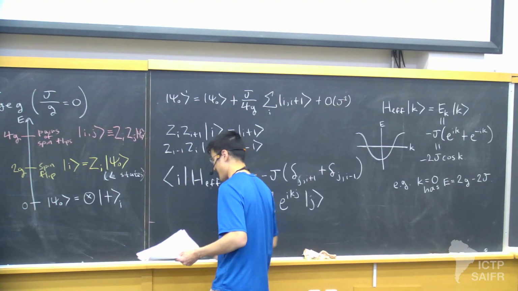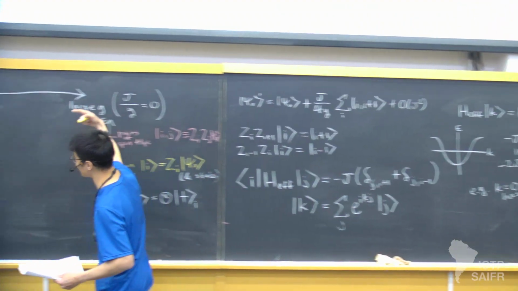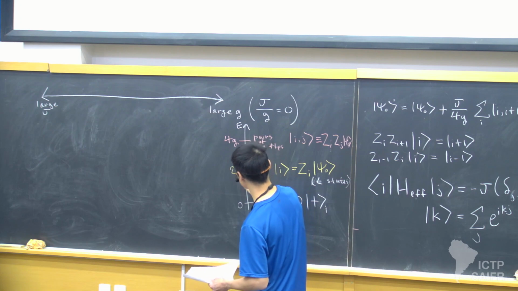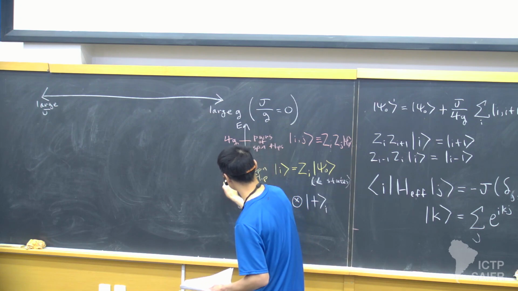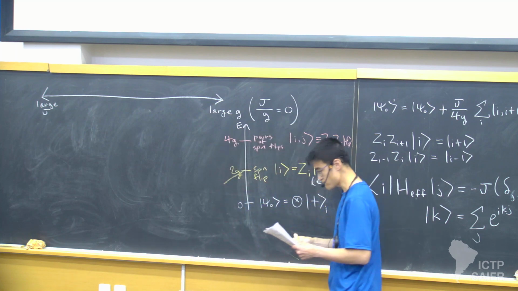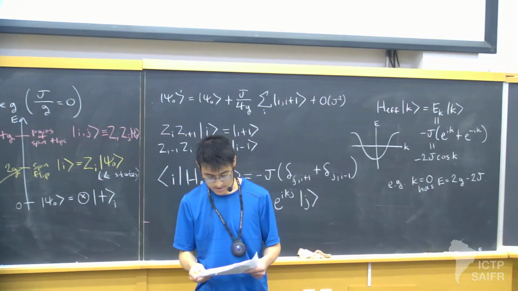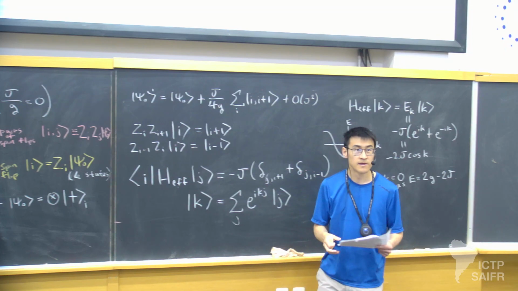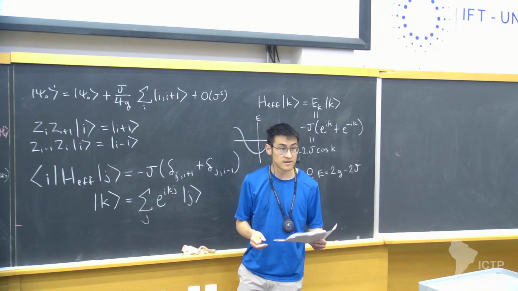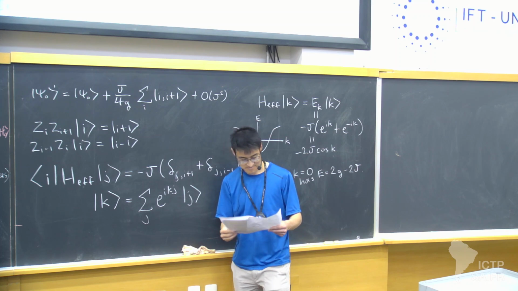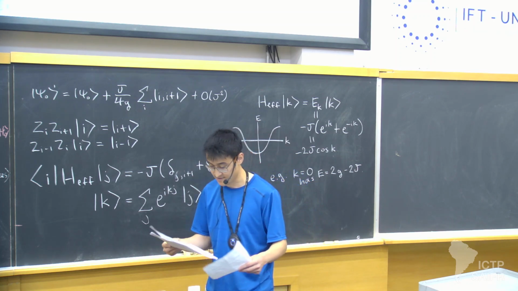So the whole point of this was just to show that when we turn on finite J, some of these states come down in energy, okay, as we turn on finite J. Any questions about that? Okay, so that's the single spin flip.